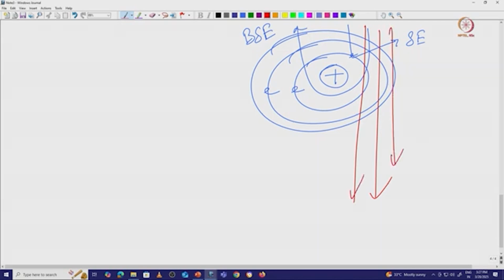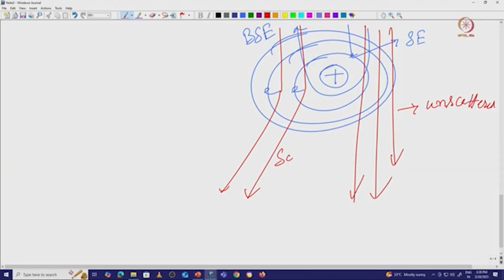Because these are very light atoms, and in biological samples most of the atoms are very light atoms. Now some electrons go closer to an atom, and then there will be a deviation. So this is the unscattered electron beam, we already discussed this, and this is the scattered electron beam.